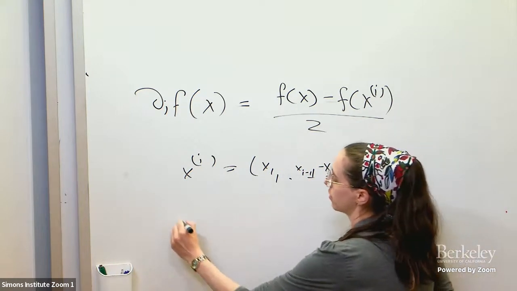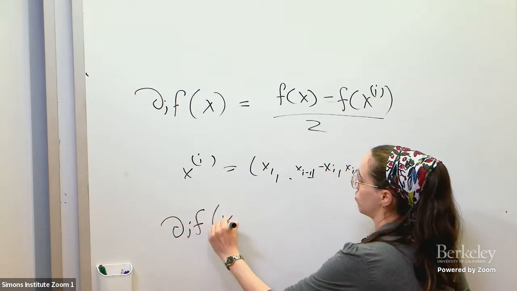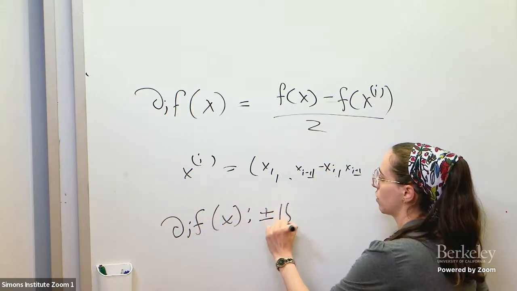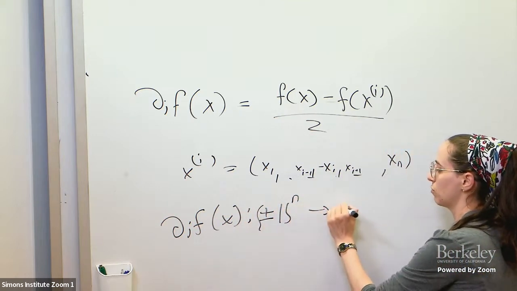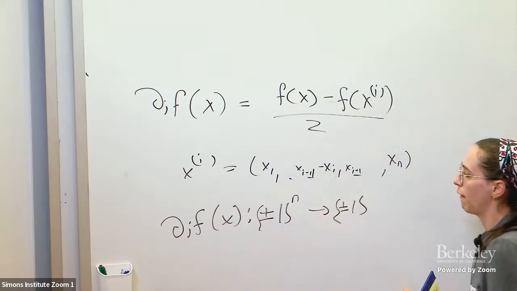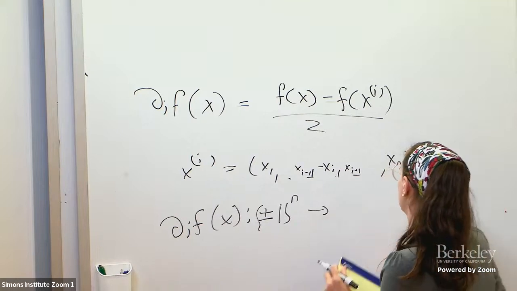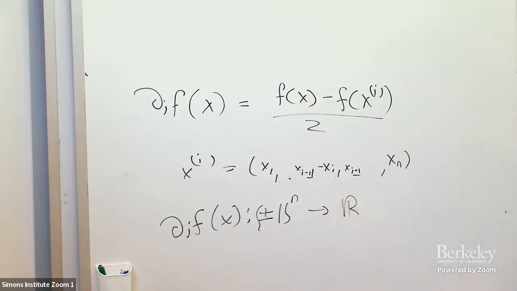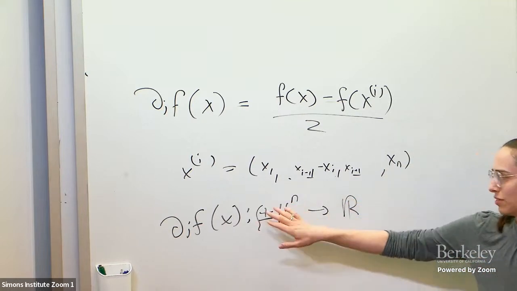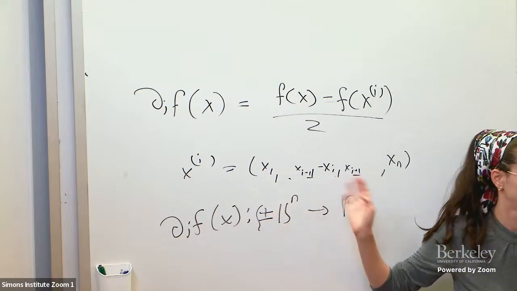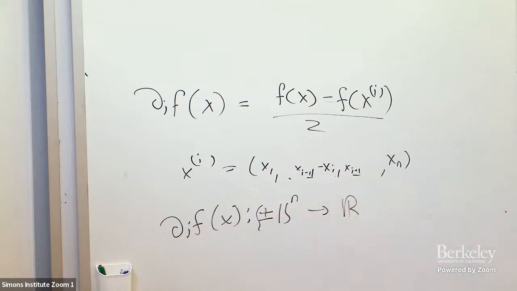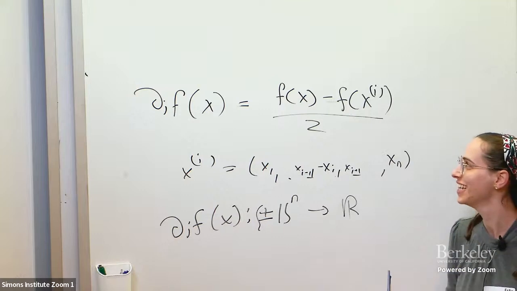So the function f is a function from {-1,1}^n to {-1,1}. Okay, so I'll change between plus/minus 1 and 0, 1 whenever I want, so I hope it will not be confusing.